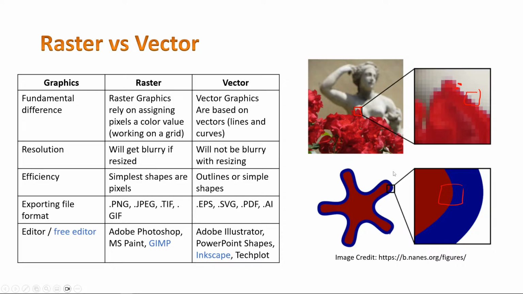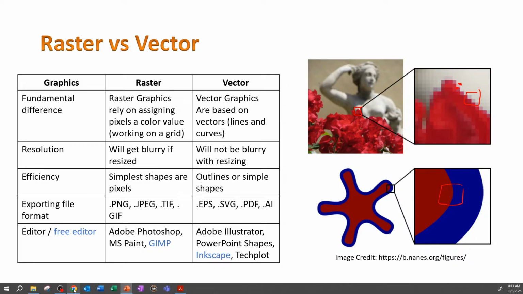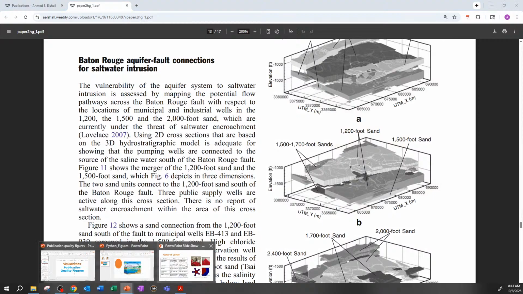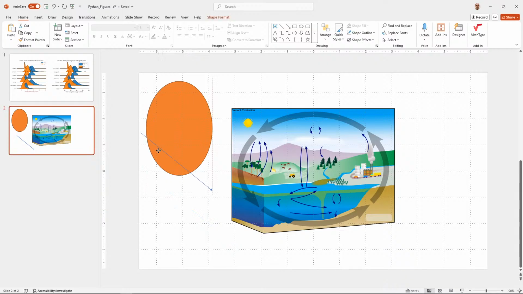If you want to save your image, you can create it as a vector shape and save it as a vector, or you can save it as a raster. But if you save it as a raster, you will not be able to edit it. Let me show you an example. Let's say this is an image.